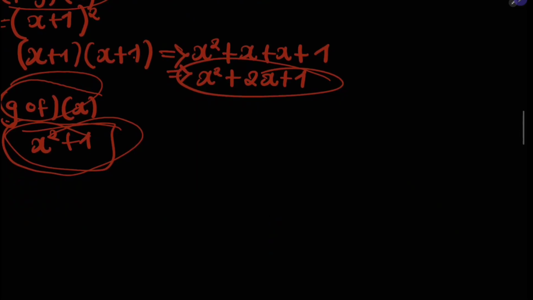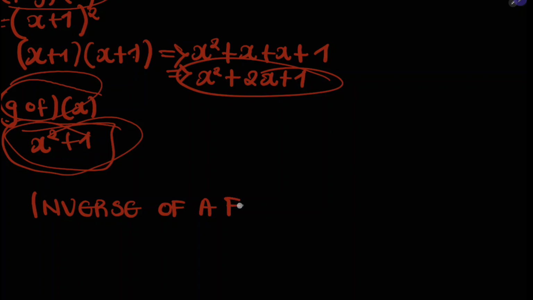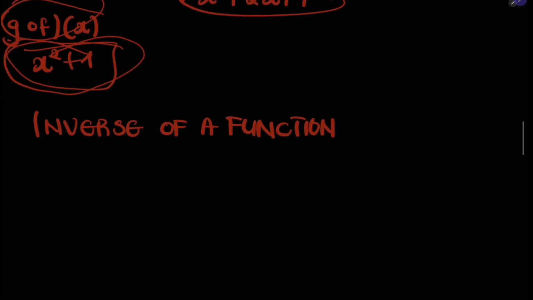Okay, now let's talk about the inverse of a function. So now I'm moving to inverse of a function. The inverse of a function simply reverses what the function has done.